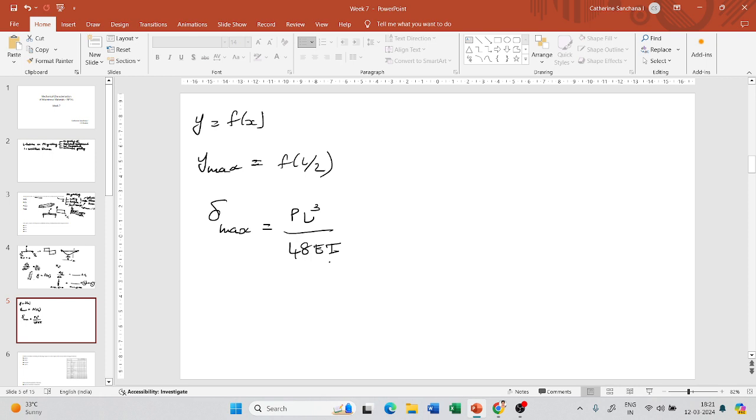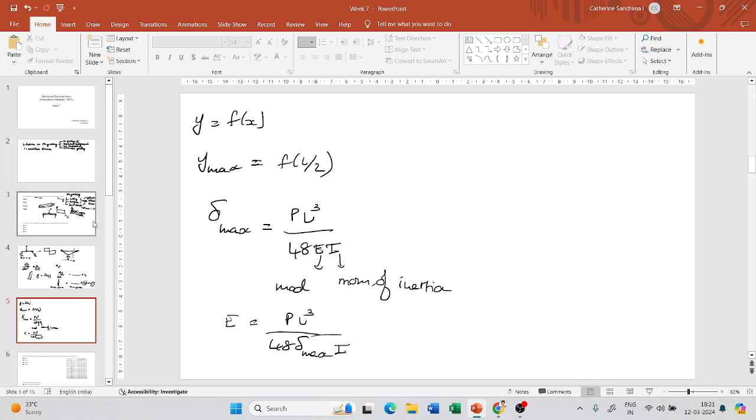What is this EI? E is the flexural modulus, okay, because the beam is subjected to flexure, and I is the moment of inertia. So if you want to find out the flexural modulus, just take E to the other side. So E equals PL cube by 48 into deflection max into I.